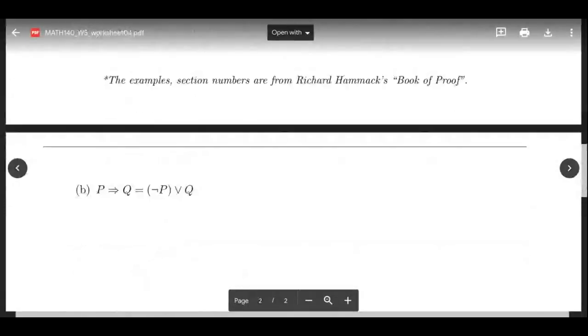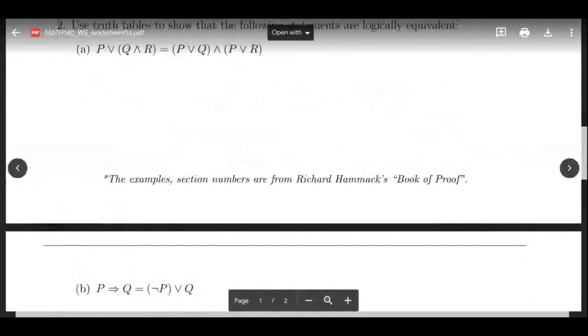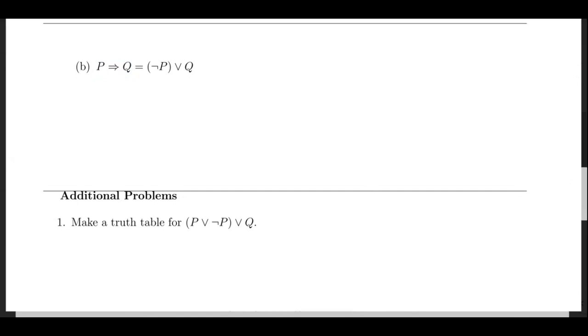So let's make this one. So we're still on question 2 and B. Let's all make this. So P implies Q, logically equivalent to, first we do not P or Q. Okay, so let's make a truth table with P as one column, Q as one column.